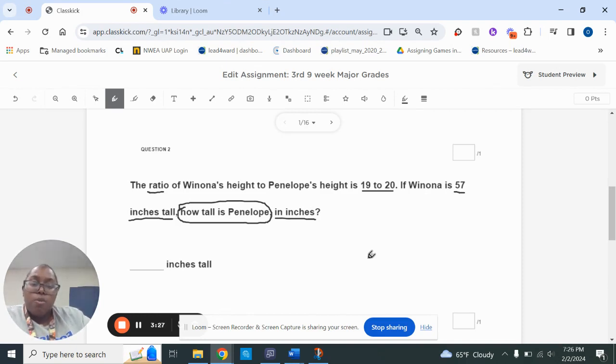For instance, if I'm going to put Wiona's height in the numerator, then that means her corresponding number will go in the numerator in my second fraction, and Penelope would be my denominator. Vice versa, if I want Penelope's information in my numerator, I will put it in both, and Juana's would have to be in my denominator.